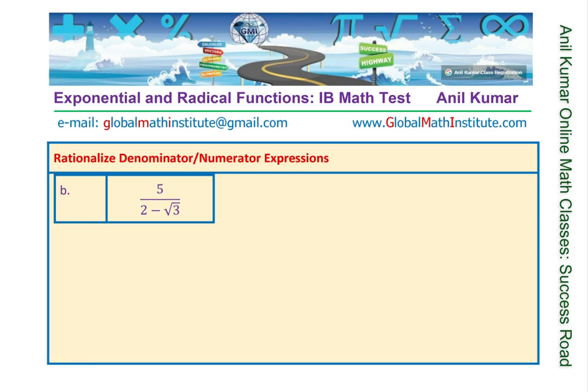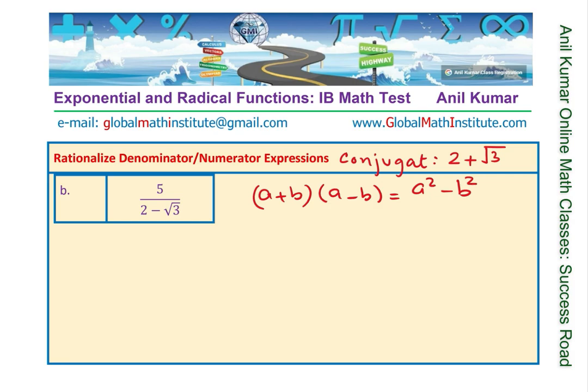Now let's take up the second question, which is 5 over 2 minus square root 3. To rationalize, we have to multiply and divide by the conjugate. What is the conjugate of the denominator? The conjugate here is 2 plus square root 3. The idea is that (a plus b) times (a minus b) is always equal to a square minus b square.